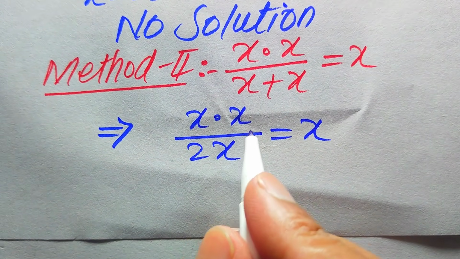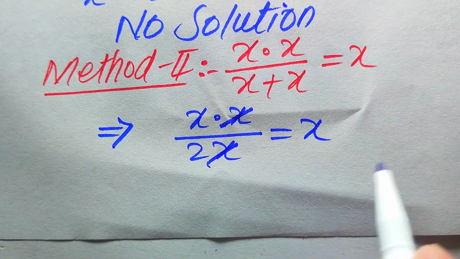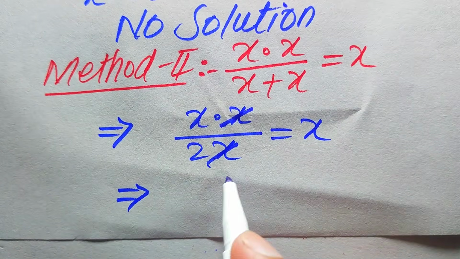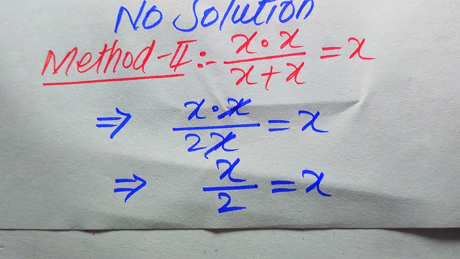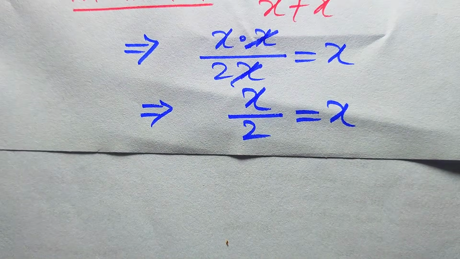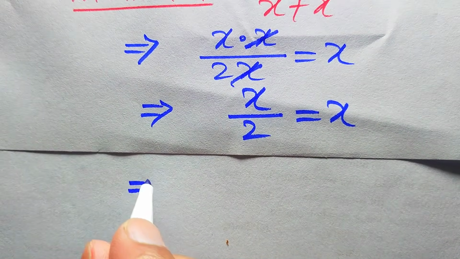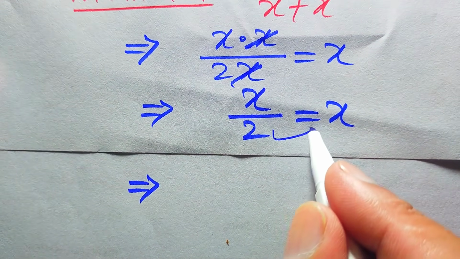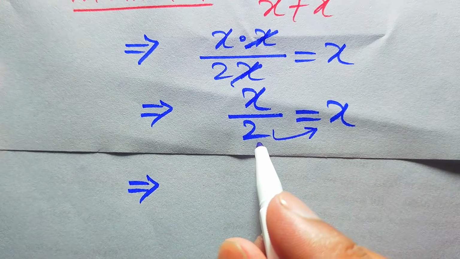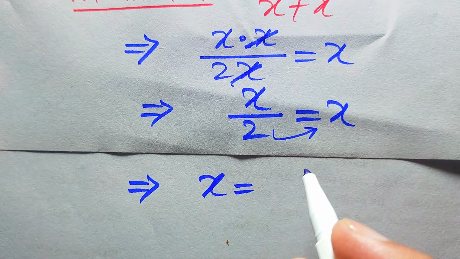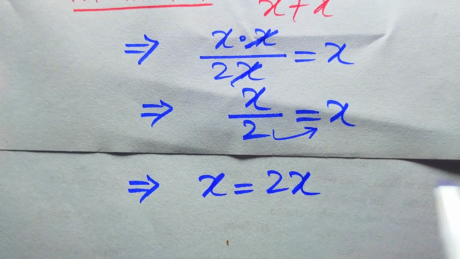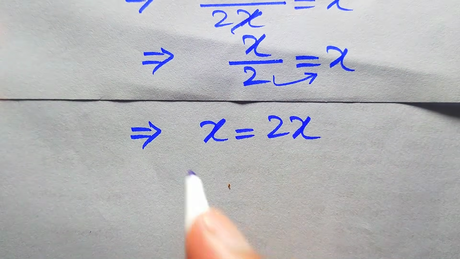Now here we need to cancel the terms. You see that this x and this x are gone, and we obtain x divided by 2 is equal to x. In the next step, we move the term 2 to the right hand side. It is divided by 2 here, and when we move it to the right hand side, it is multiplied by x, and we get x is equal to 2 times x.